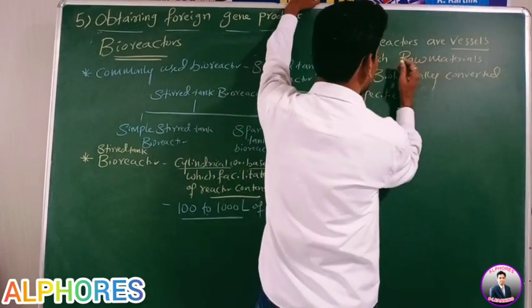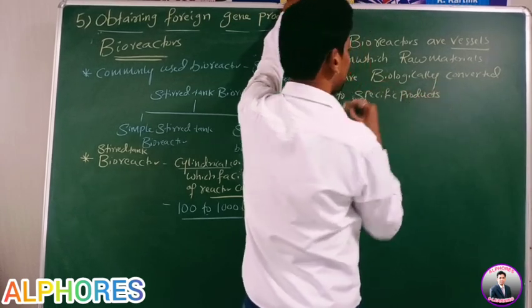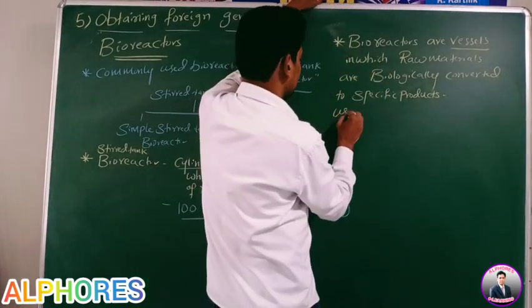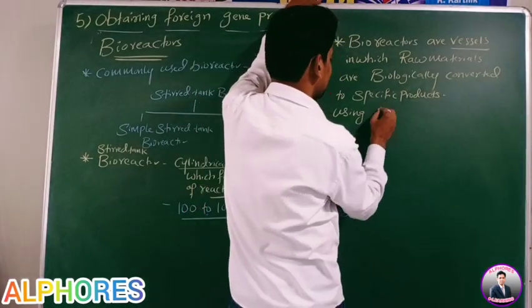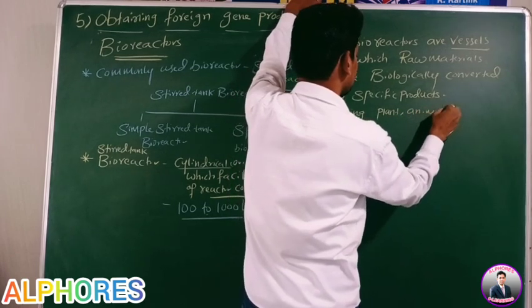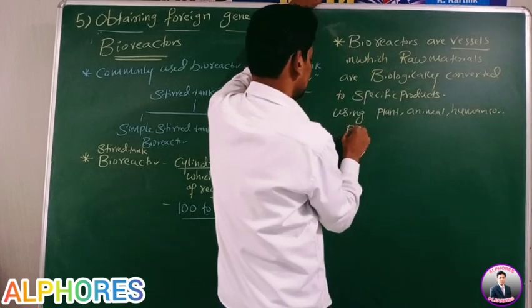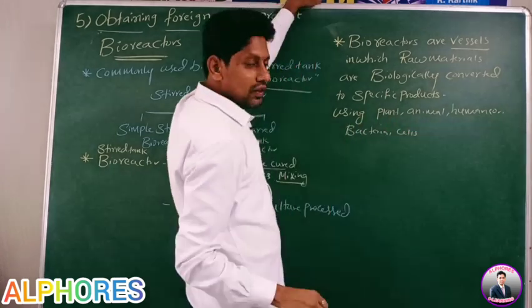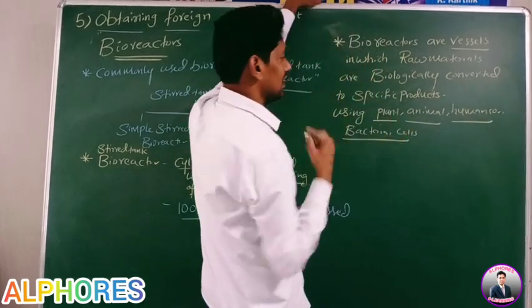What are the specific products, sir? Specific products may be either proteins or individual enzymes, using plant, animal, human or bacterial cells.